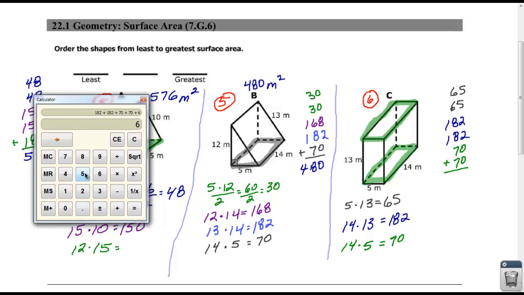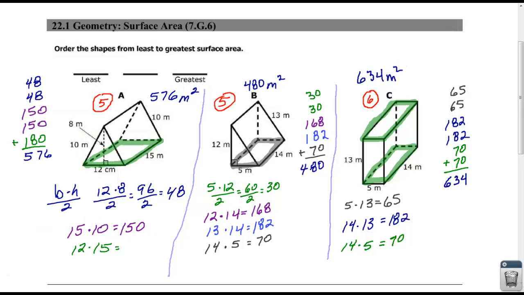And then we had 65 twice. So I'm going to check 1, 2, 3, 4, 5, 6 numbers. Yes, they're all there. That gives me a total of 634. So that is 634 meters squared. I can put my calculator away now.